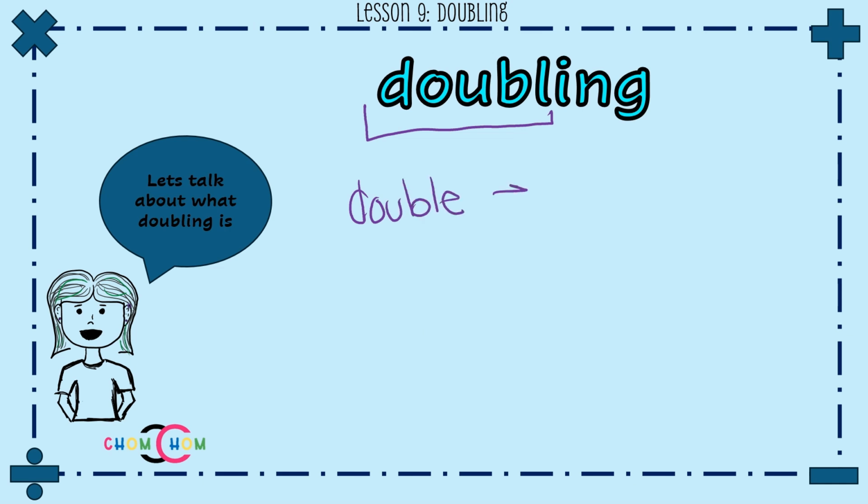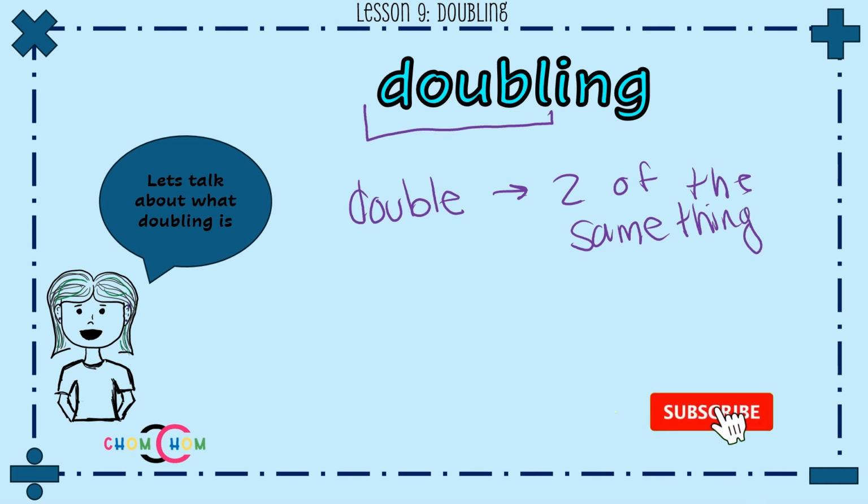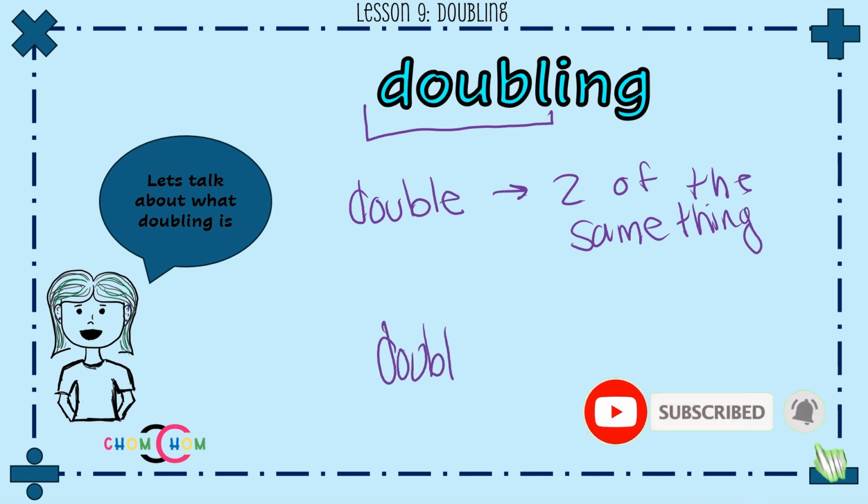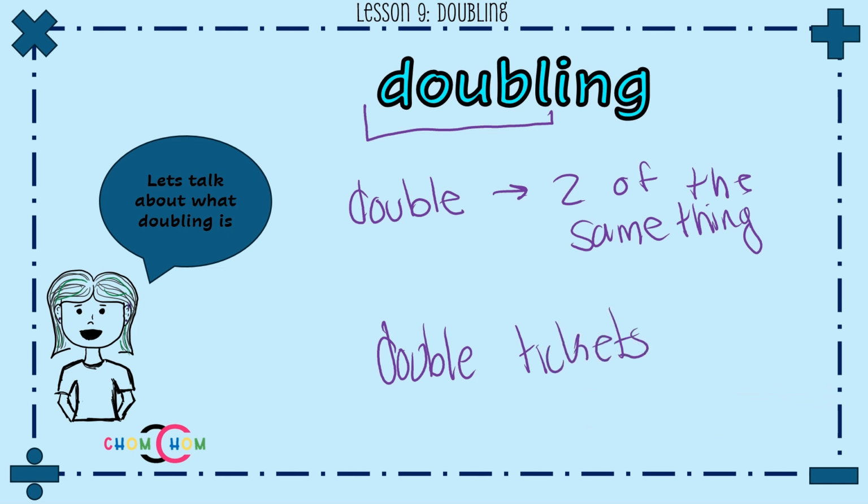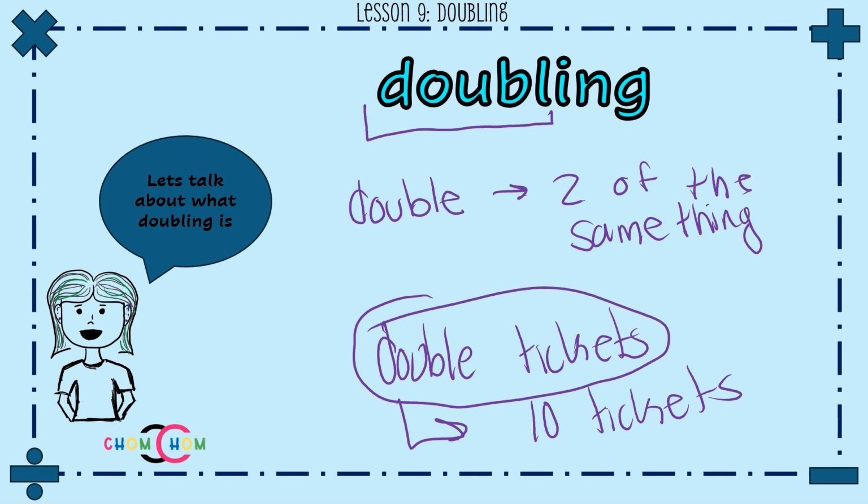Double means two of the same thing. So, if you get double tickets out of an arcade machine, say you got 10 tickets, but you also got double tickets, that would mean you get another of the same thing, so in total you would have 20 tickets.